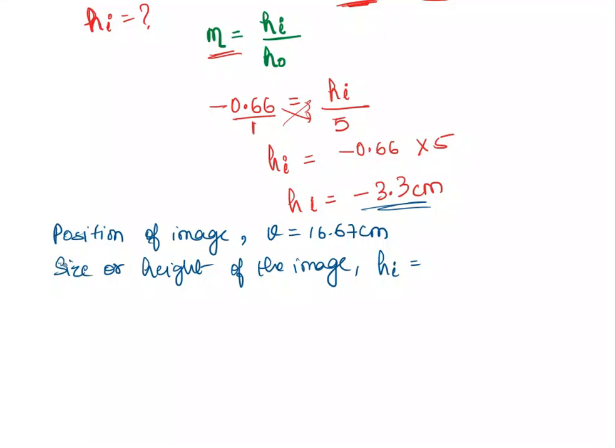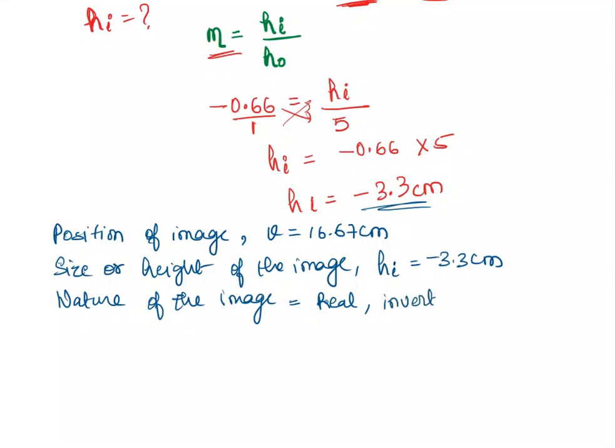So that is minus 3.3 centimeter. And lastly we need to find the nature. So the nature of the image is: image is real, inverted and diminished.